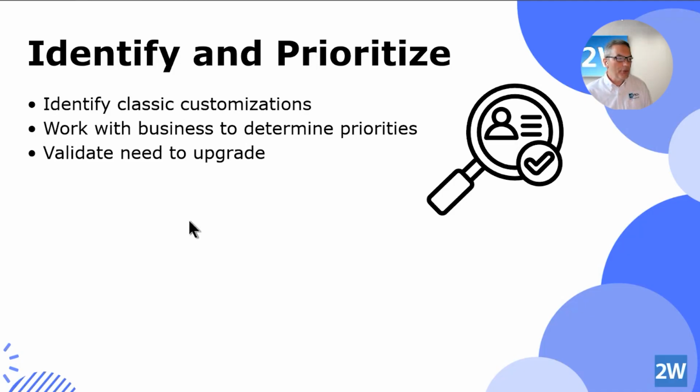So just a few notes about identify and prioritize. Again, we're going to talk about how we identify classic customizations, but I think it's very important that this is not viewed as solely a technical exercise in your business. We need to involve the business. In this case, we're going to be looking at some customizations to the part entry screen.